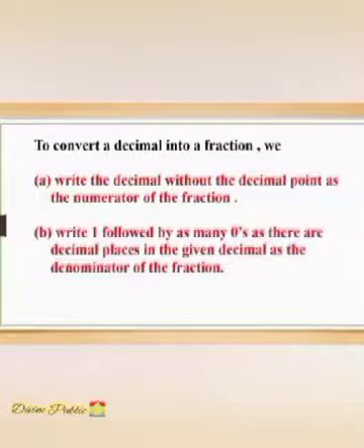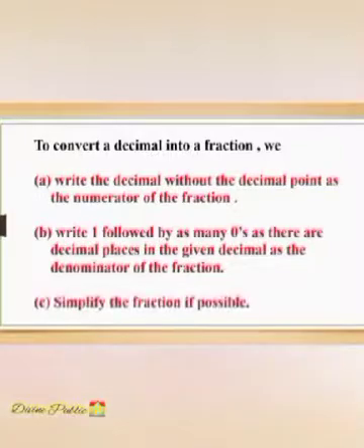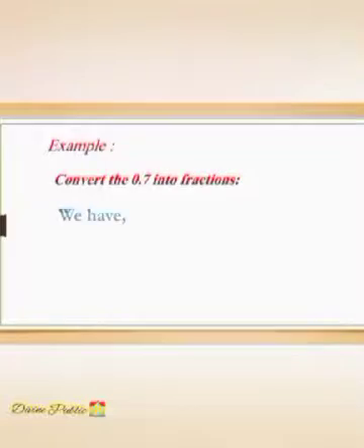We write 1 followed by as many zeros as there are decimal places in the given decimal as the denominator of the fraction, and simplify the fraction if possible. Let us see the example. Convert 0.7 into a fraction. We have 0.7 equal to 7 by 10, as 0.7 has 1 place of decimal.